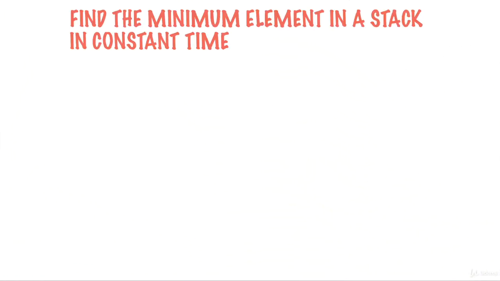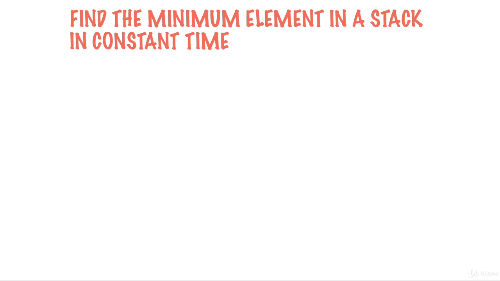Space is not a constraint. Let's move on to another stack based problem. And in this one, we want to find the minimum element stored in a stack in constant time. Typically, as you are adding elements to a stack, and let's assume for simplicity that all of them are integers, the way you track the minimum element is you'd basically look through the entire stack whenever get minimum was called and return the minimum element that you encountered.